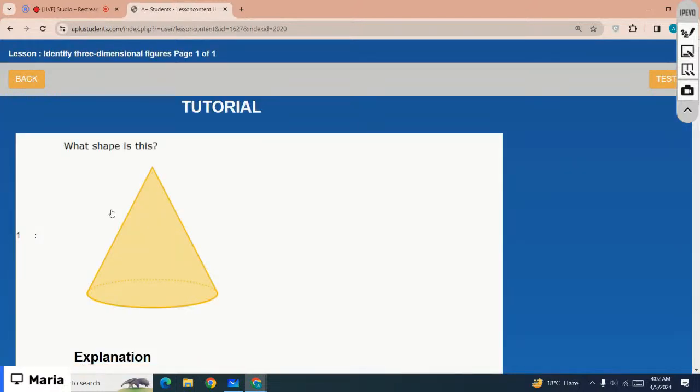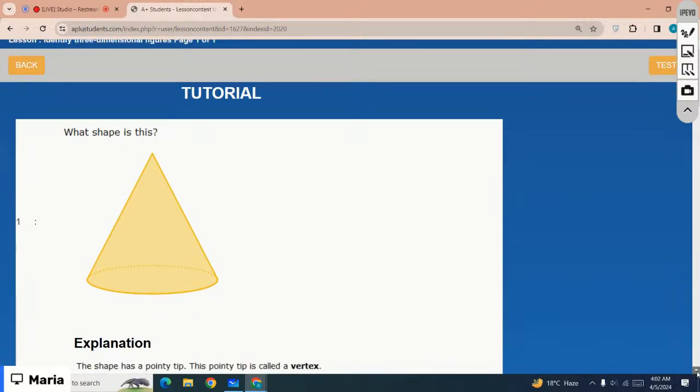What shape is this? Which is the correct option? So this is a cone, right?